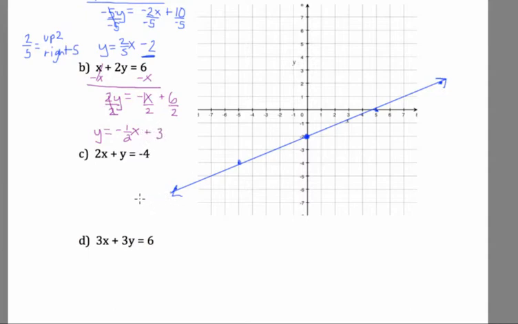So now that we're in slope-intercept form, we can graph. Start with your b number, positive 3. That's the y-intercept. Next, write your m number as a fraction. It already is a fraction. Again, I like to put the negative with the numerator, which means I go down 1, right 2.